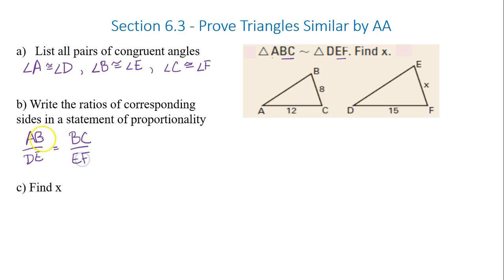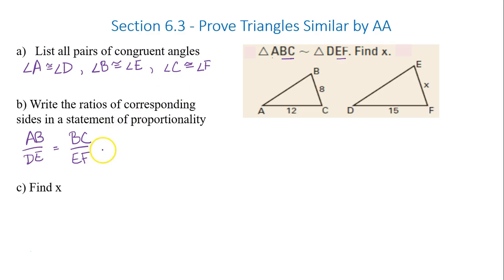Notice how if I start with AB, the first triangle mentioned here, and then write a side from the other triangle, I have to do the same thing in my next ratio. So I write something from this first triangle mentioned and then over the second triangle mentioned.